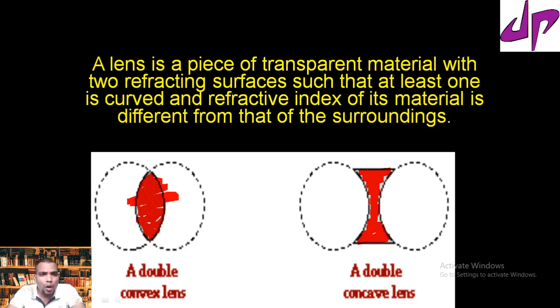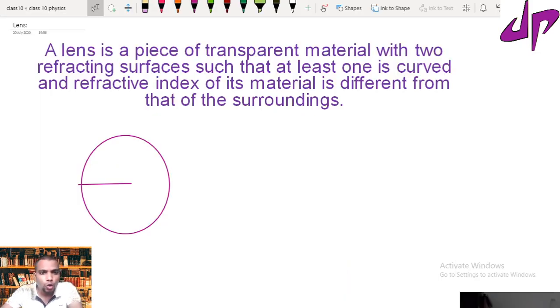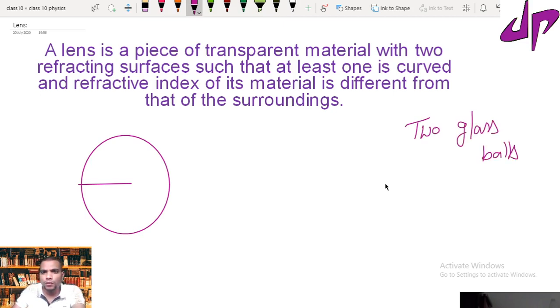So let us learn how to make a lens. To make a lens, what do we need? We need to take two spherical balls, or I can write that as two glass balls, because glass is transparent. Suppose this is a glass ball having a radius of r1.